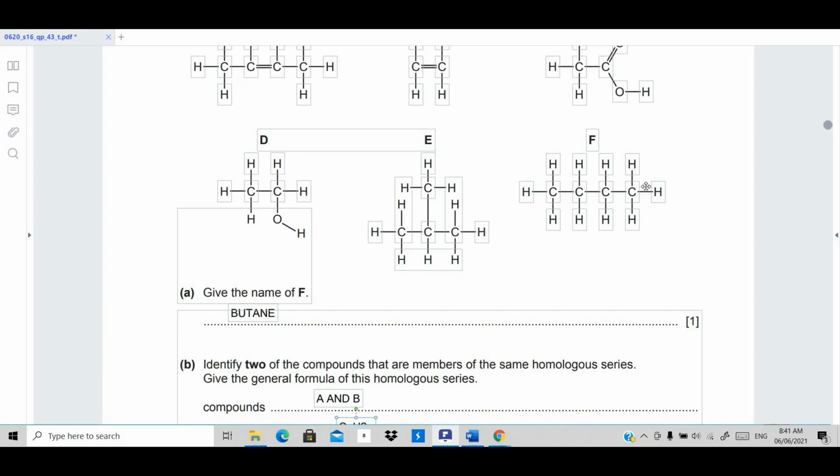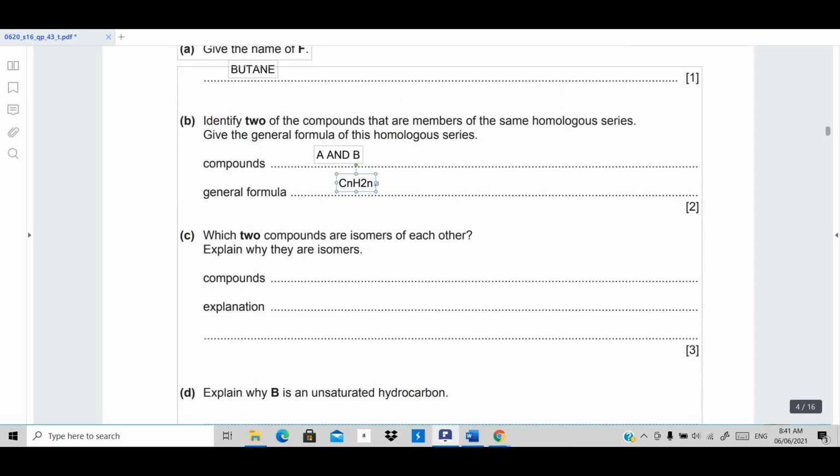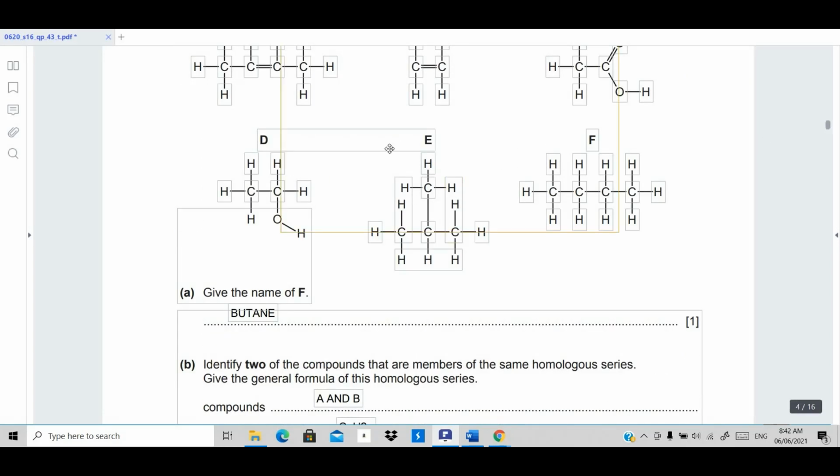Now, moving on to the question, we can say that E and F are isomers of each other. Let me just write here firstly the compounds E and F, because you can see they are both in the group alkanes because they have carbon-carbon single bonds. But you can see the difference between these two organic compounds.